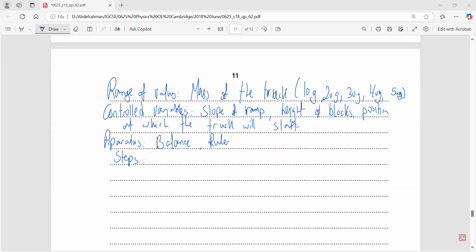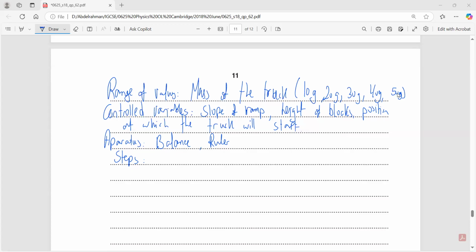First of all, you need to let go of the truck from the same position each time. Place the truck on the ramp, and then leave the truck to slide down the ramp.